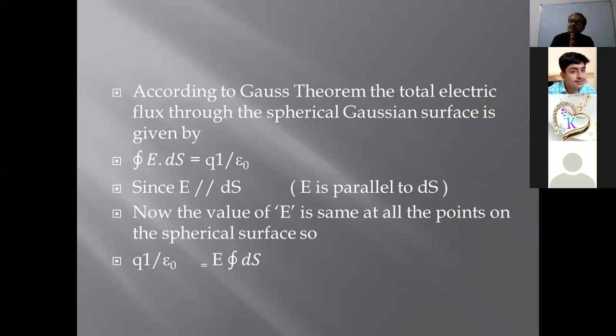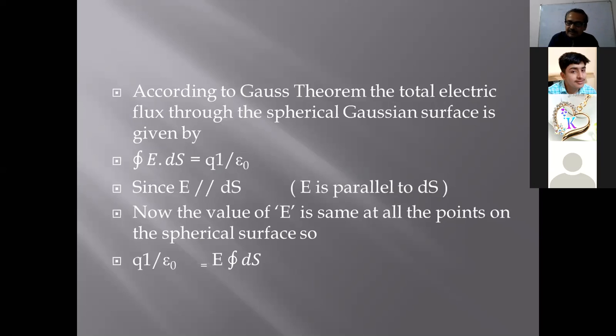Any doubt? Because on every point on the sphere, the magnitude of electric field intensity is the same. For that reason, we can consider E as constant. So it is out of the integral, and we have to just find the value of the surface integral of ds.